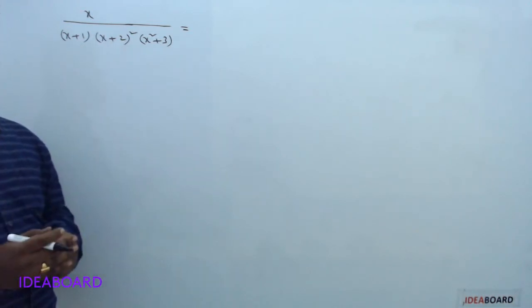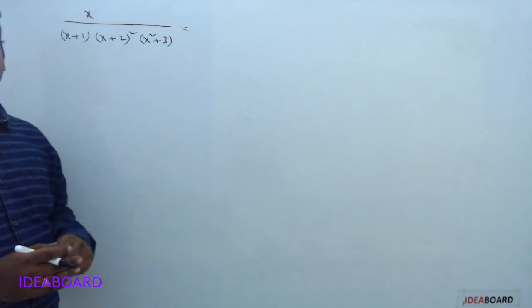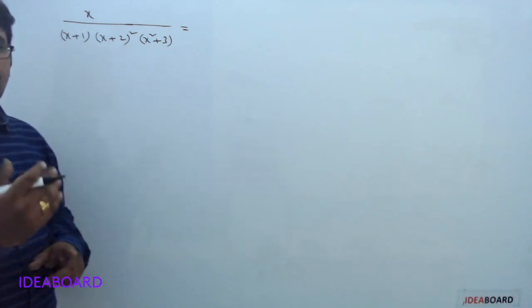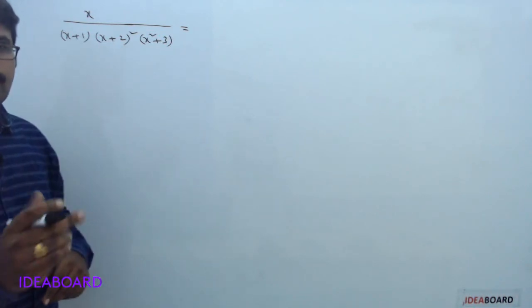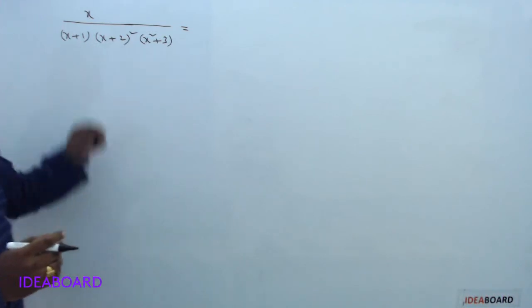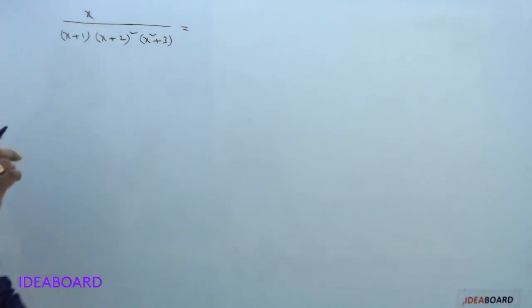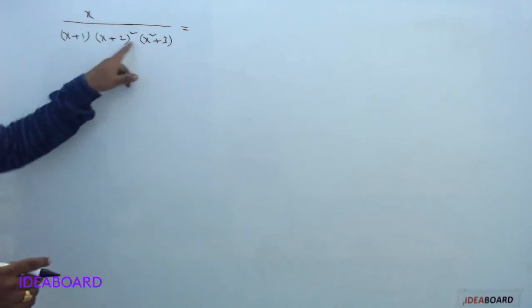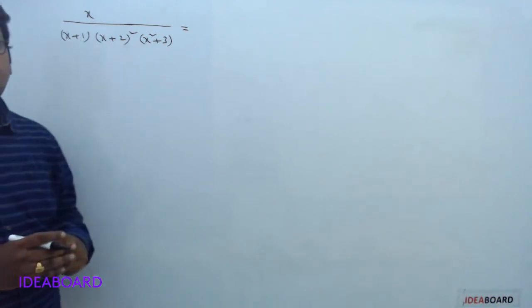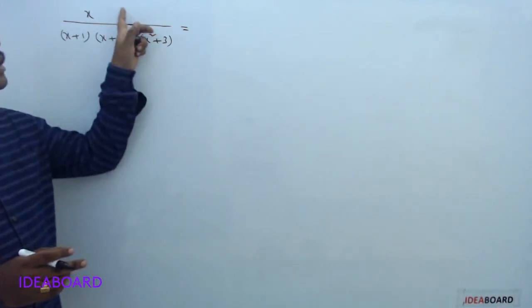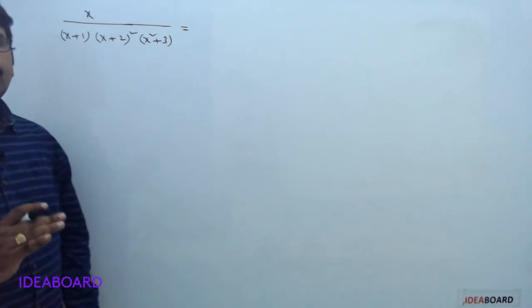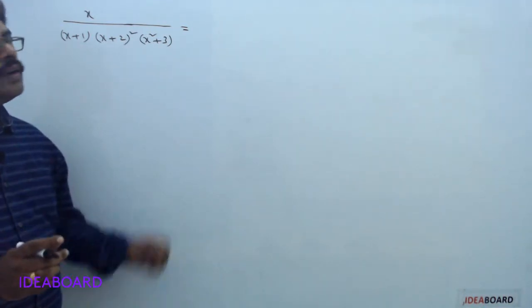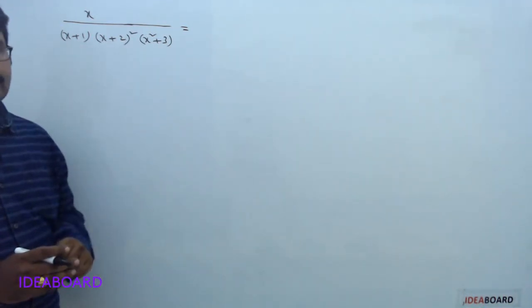First, you have to verify whether your given rational fraction belongs to type 1 or type 2 or type 3. Degree of numerator is 1. Degree of denominator is 5. Clearly, degree of numerator is less than degree of denominator, so it is a proper fraction.